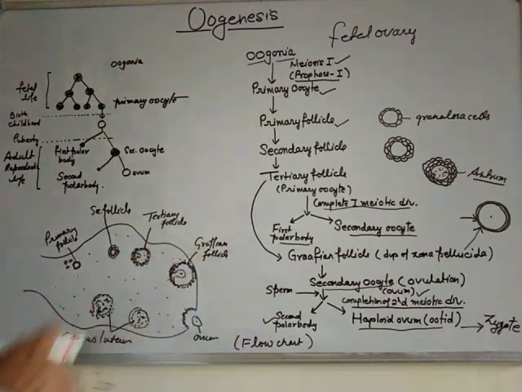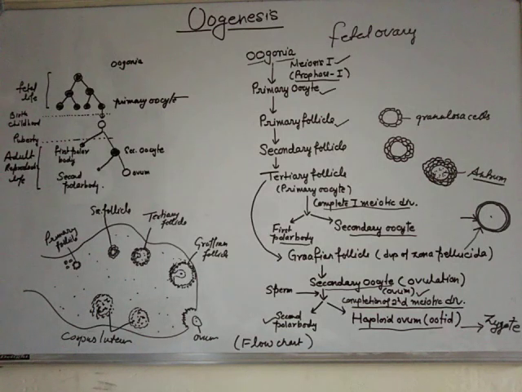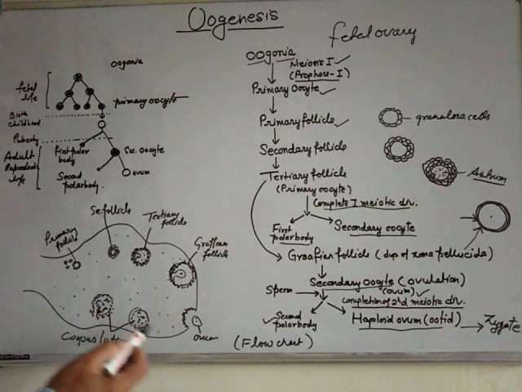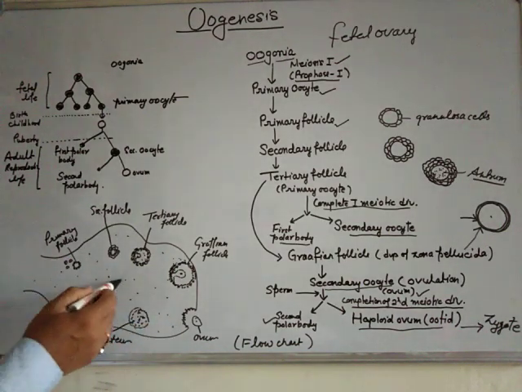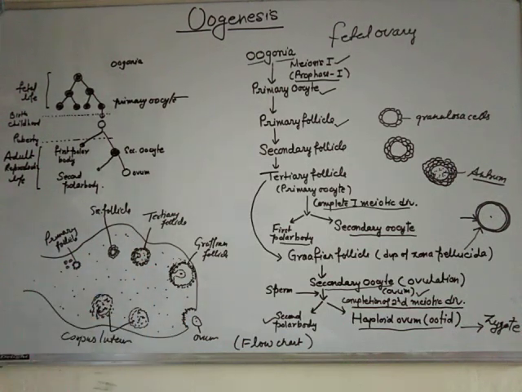With the help of the flowchart, you can understand very easily the process of oogenesis. Look here, the TS of this ovary. You can see the different stages of oogenesis. There is the primary follicle.